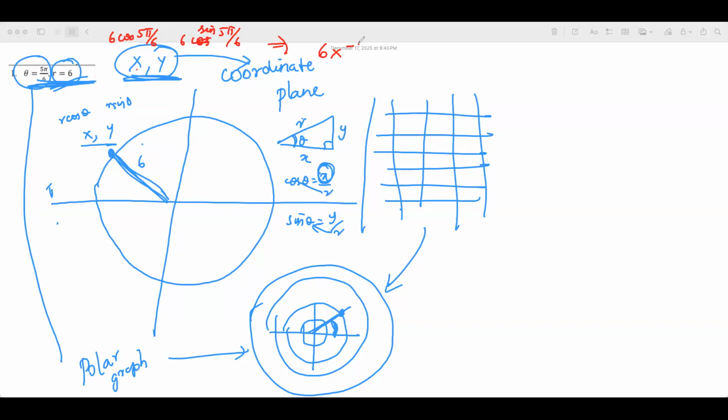Minus root 3 by 2. What is sin 5 pi by 6? It will be positive in the second quadrant, right? X is negative, y is positive, right? 1 by 2. So the answer to this point is minus 3 root 3 comma 3.